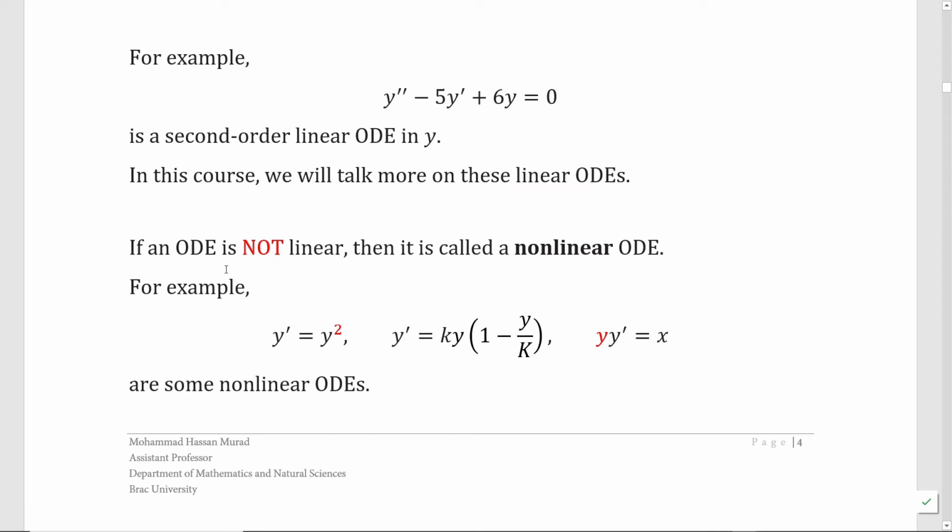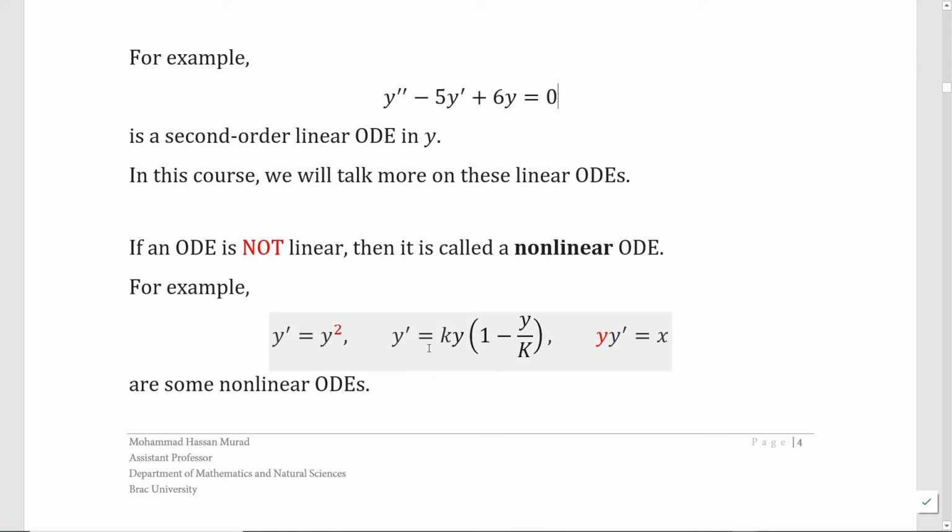If an ODE is not linear, then it is called a nonlinear ordinary differential equation. For example, y prime equals y squared is not a linear equation, hence a nonlinear equation, because the general form of a first order linear differential equation has no y squared term.